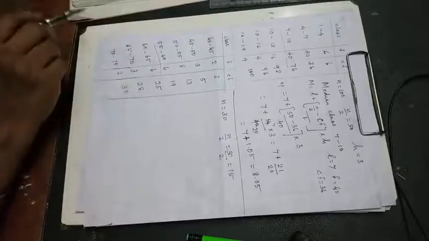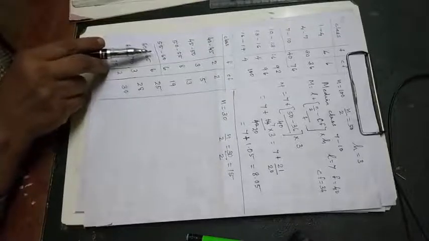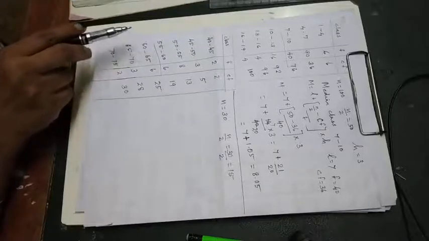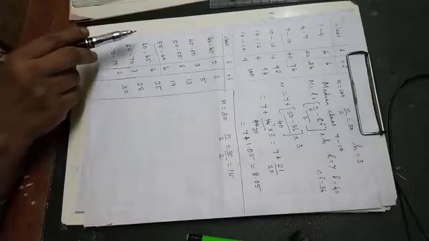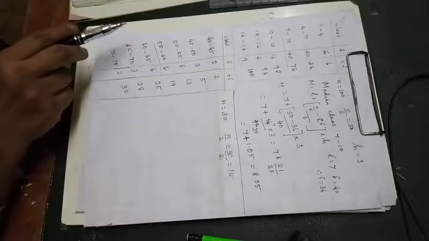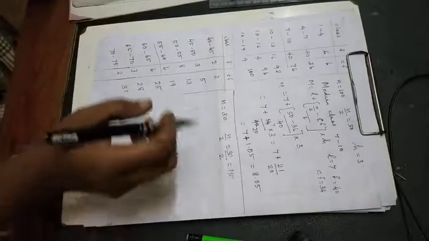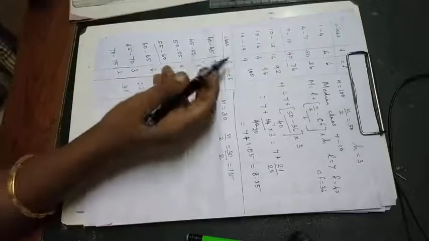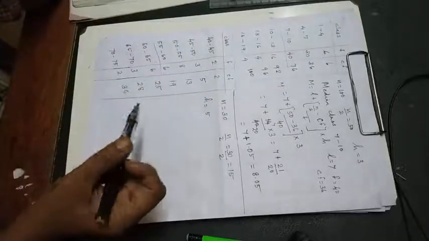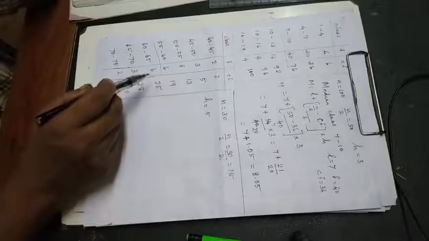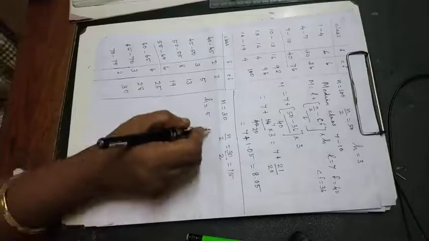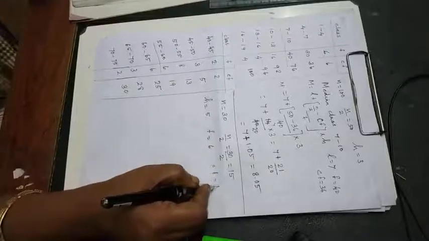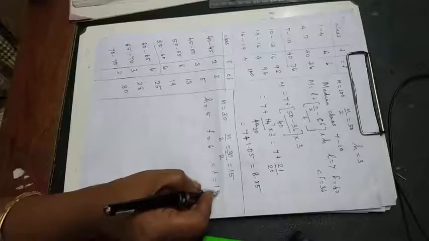So our median class is 55 to 60. The median class, the 55 to 60 range, it will come. Now h is equal to 5, the difference between the lower limits or upper limits, that is 5. f is equal to 6. CF is equal to 13.